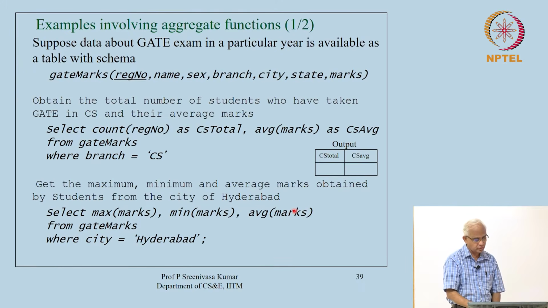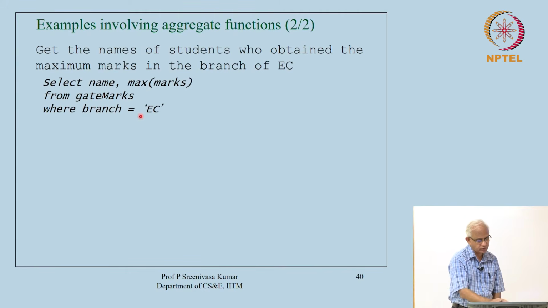If you say name or something like that here along with all these things, whose name are you referring to? So, it does not make sense to mix the ordinary attributes with these aggregate functions. That is why this approach does not work.